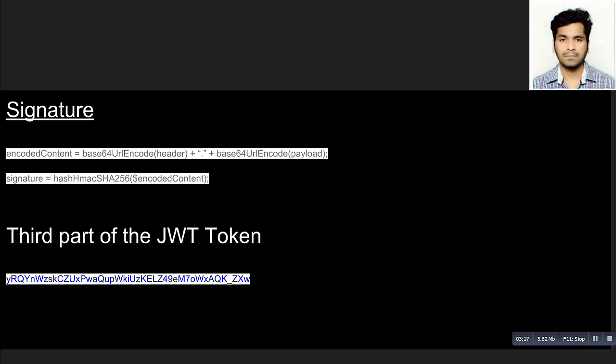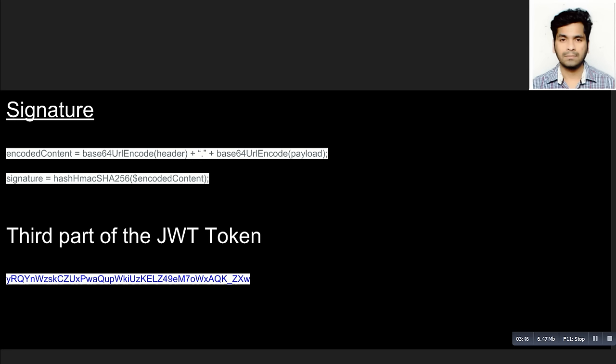A signature is created from the base64 URL encoded format of the header and the base64 URL encoded format of the payload, and it is hashed using a secret key. This secret key is stored in the server, and below is the example of the third part of the token, that is basically the signature.